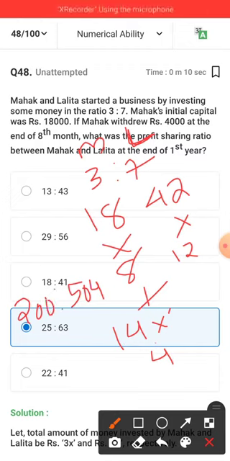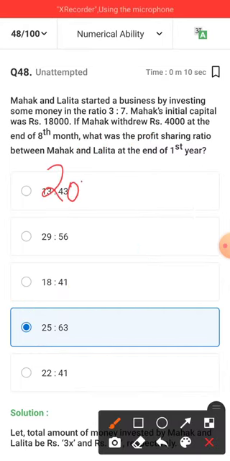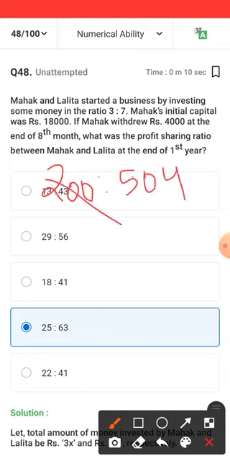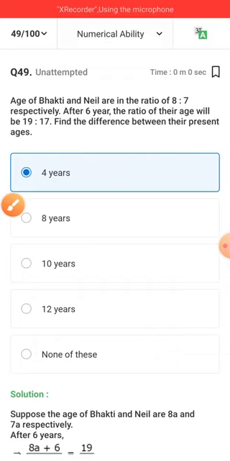So this ratio became 25:63. 200:504. We got these values, we get 25 into 63.